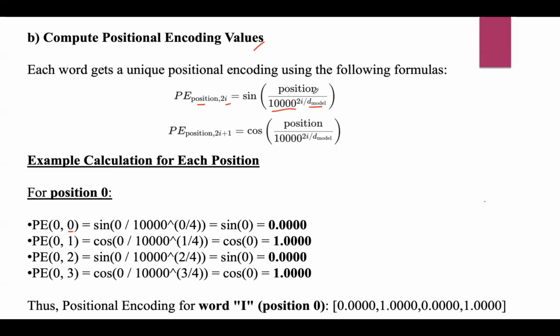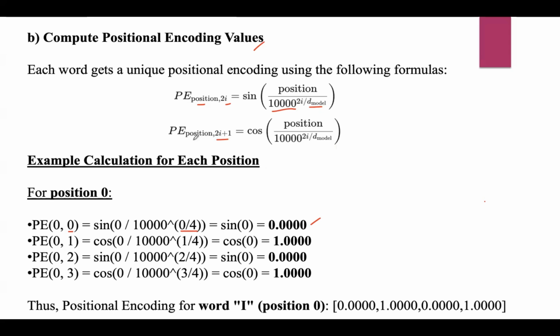Then sine of position 0 divided by 10,000 power 2i. 2 into 0 is 0, divided by d_model. So this is 0 by 4, since the d_model value is assumed as 4. So we'll get a sine 0 value. Now take position 0, cosine value.